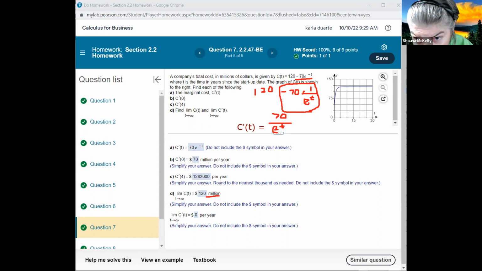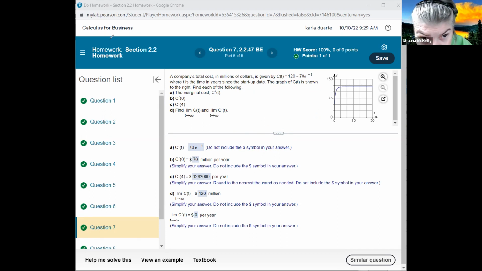Now, there were a couple more on here that I want to go over. So let me show you those. Let me get the mouse and move this out of the way.